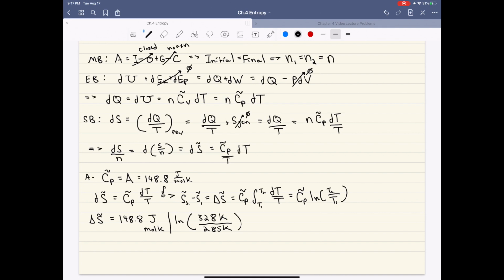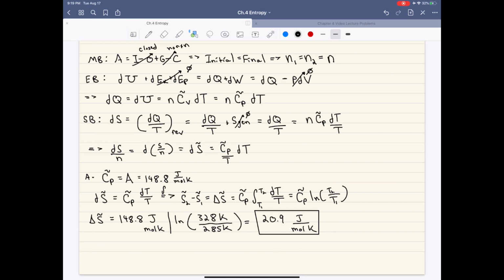And when we plug everything in, what we get is that the change in entropy is 20.9 joules per mole Kelvin. And so that's the case for when the constant pressure heat capacity is a constant.